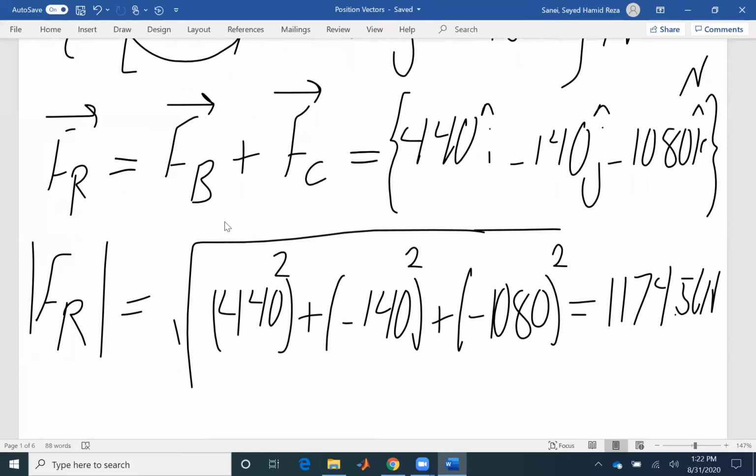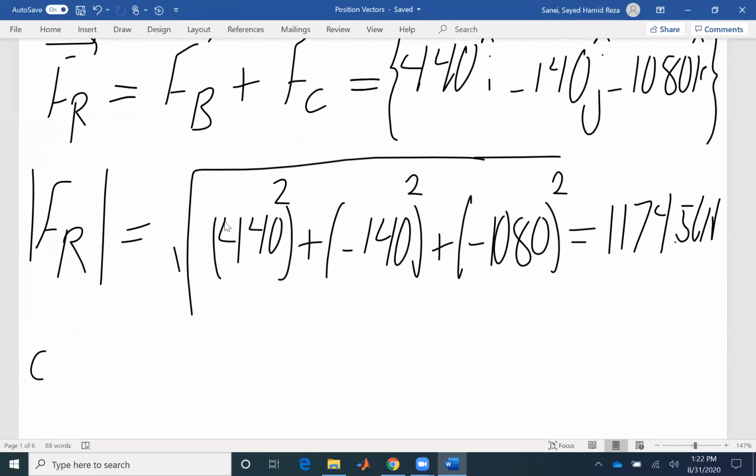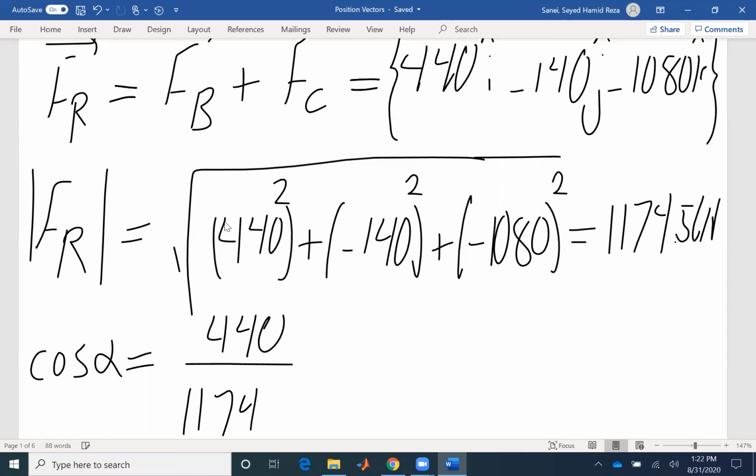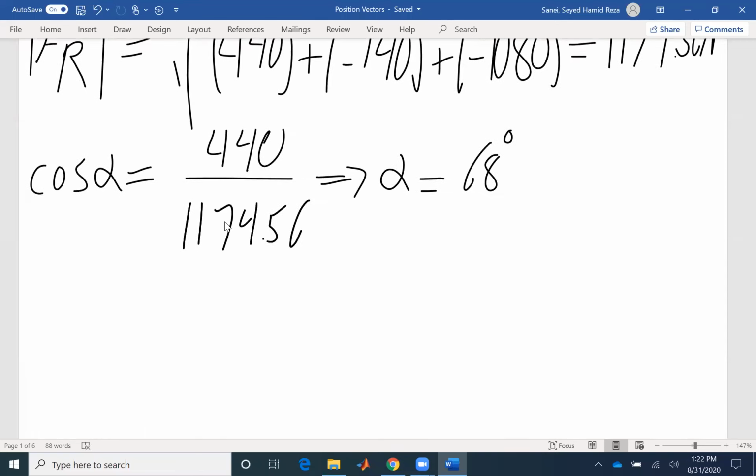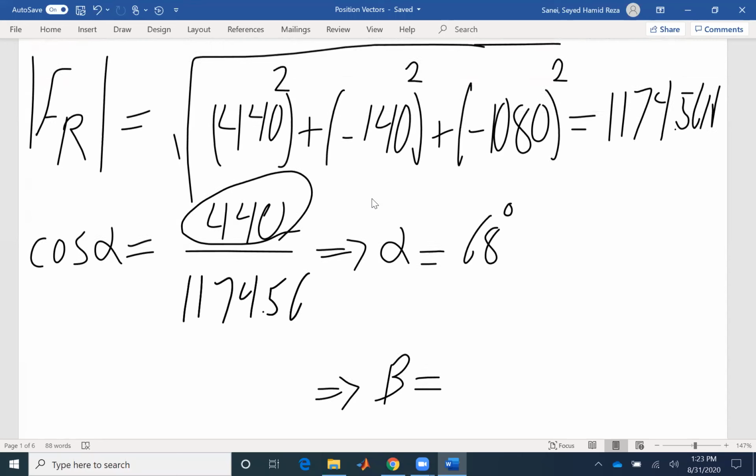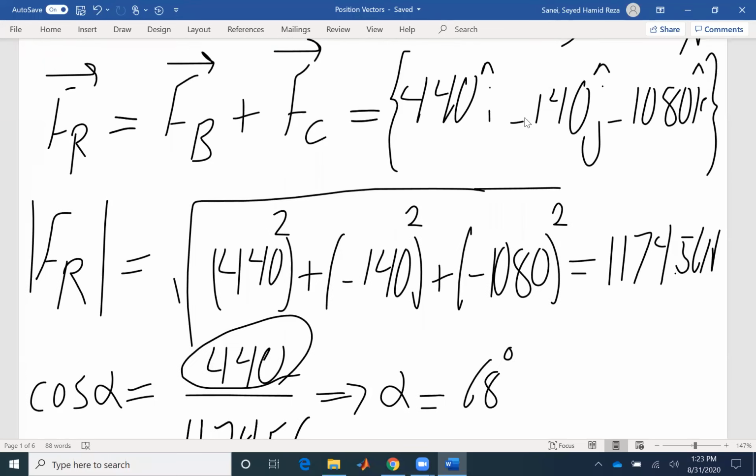That's the magnitude. If I want to find the coordinate direction, cosine alpha would be the x component over the magnitude. The x component here is 440. The magnitude is 1174.56. Remember, the magnitude is always positive. Therefore, alpha would be 68 degrees. I do the same thing for beta and gamma. For beta, in the numerator you have the y component, which is negative 140.